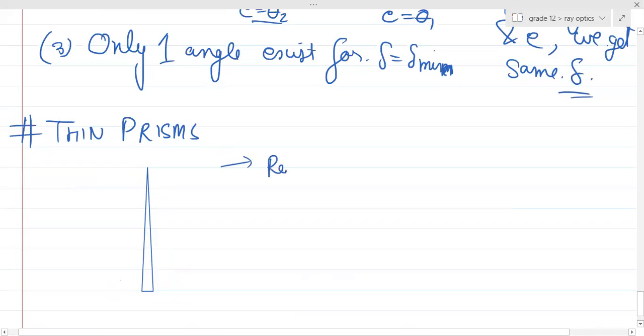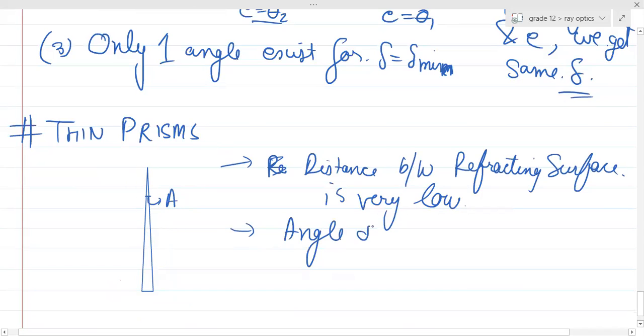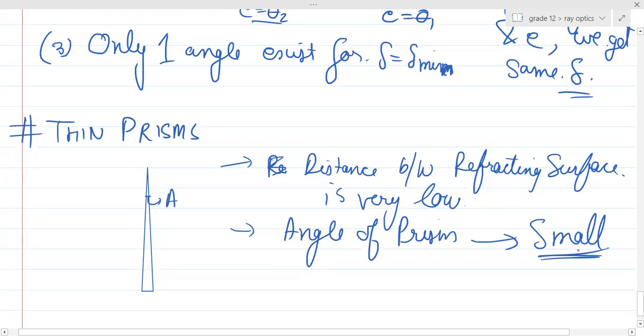It means basically the distance between the refracting surfaces is very low. If the distance between the refracting surfaces is very low, can you see the angle of prism will also be very low? Small.